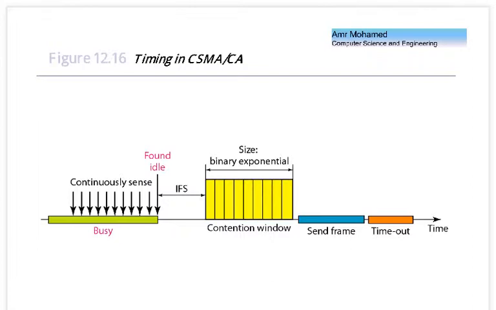Within this contention window, each node will independently generate a random number, and based on that it calculates which time slot it needs to check to access the channel. And during these time slots, every time slot I have to continuously check if the channel is idle. If the channel is busy, then we stop and reset everything and start from the sensing stage again. Okay?